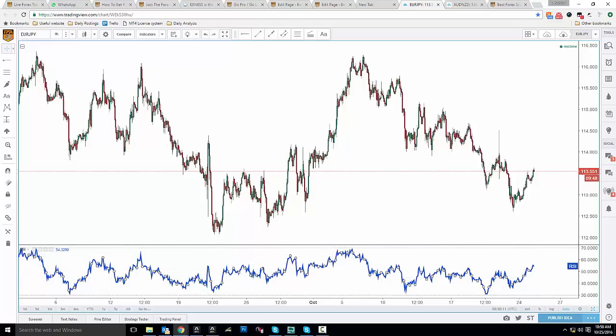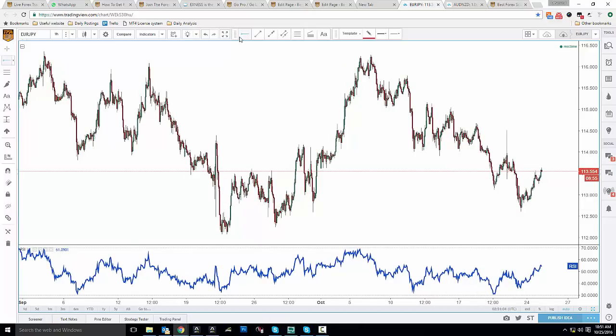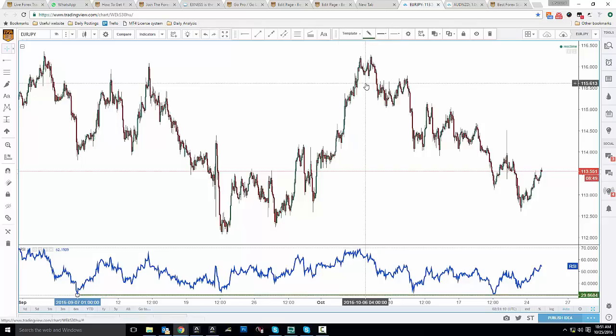The thing is, this might work for certain cases, but in most cases, it's about finding the hidden levels of resistance and the hidden levels of support. For example, if we have a horizontal support level right here, you will notice that multiple times when price touches this level, there's a corresponding bounce here.